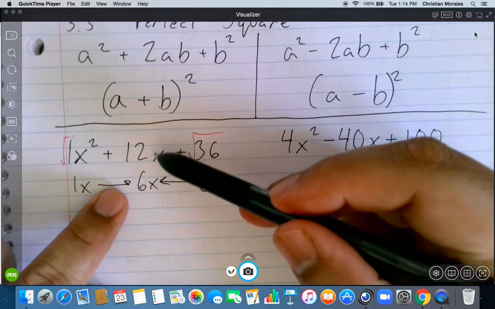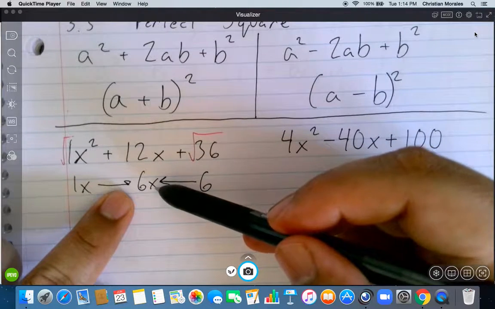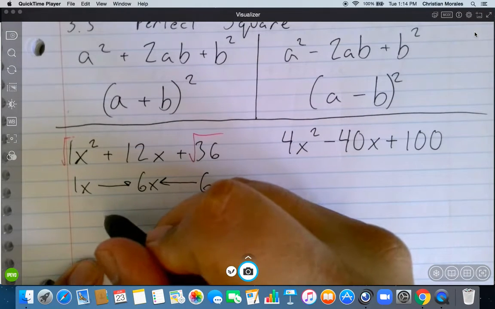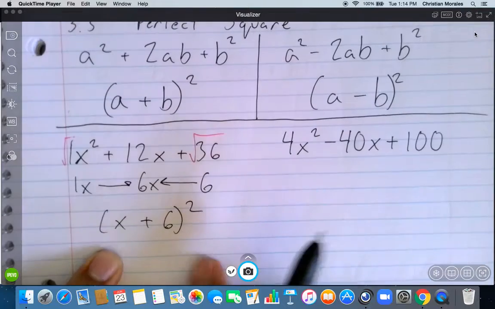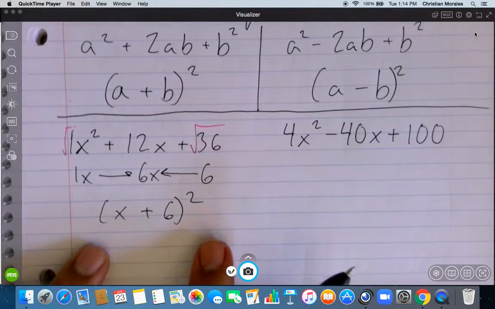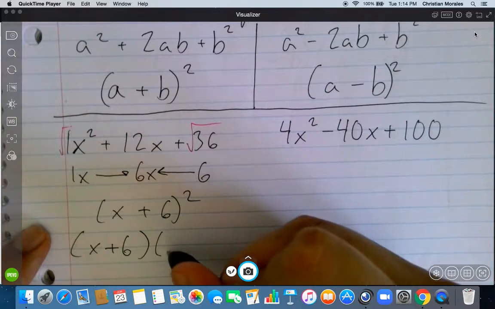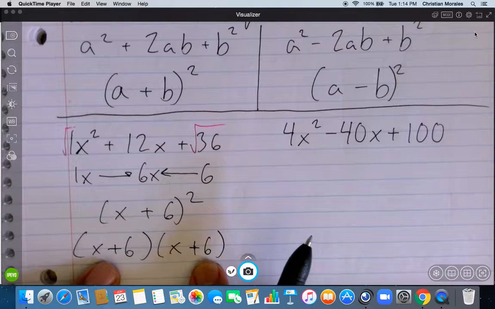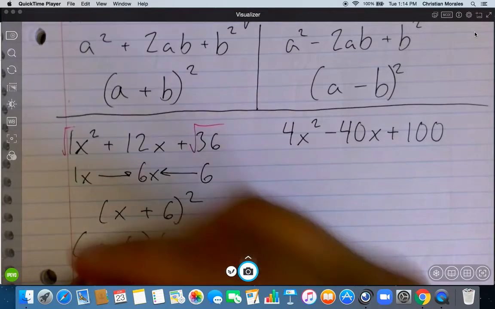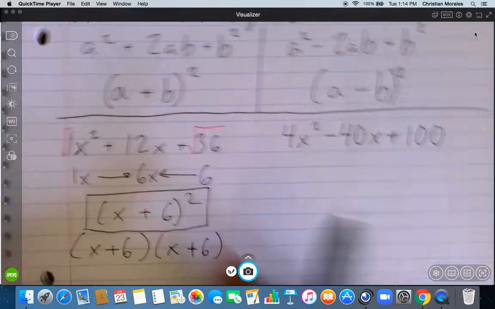So if this works, if this matches the number you have here, then your answer is just going to be this, and you're done. If you did the area model, your answer would be this. This would be what you get in the area model. But because they're the same, you could just write your answer as x plus 6 squared.